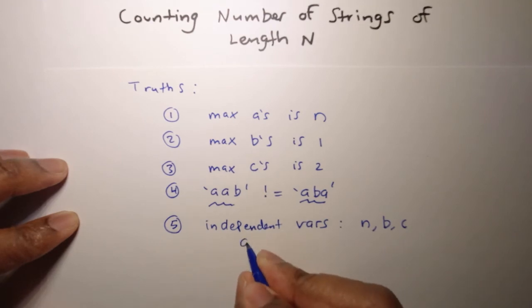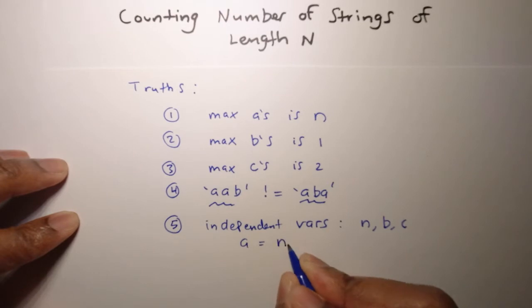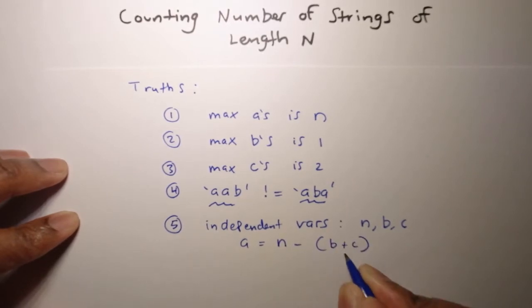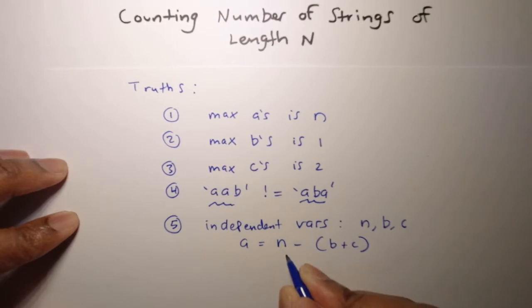Specifically, A is equal to n minus b minus c. You add b and c together, subtract that value from n, and whatever you have left over is what you have as A. This is a really important point to stress because it led to much confusion in the online discussions.